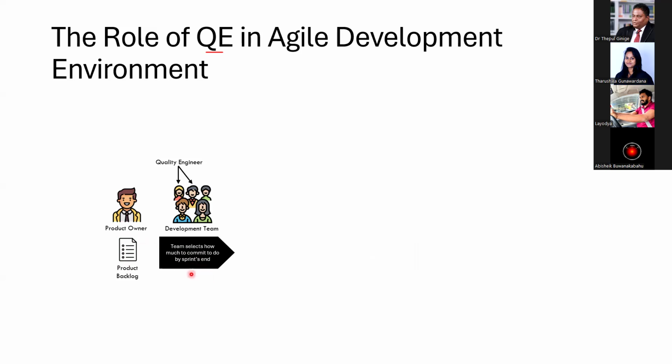Okay. So the picking up of what to develop in the particular sprint happens in one of the meetings known as the sprint planning meeting, right? From where they are going to pick what to develop, that is from the product backlog. Who is going to decide what to develop within the given time frame? That is the development team. Is that clear?